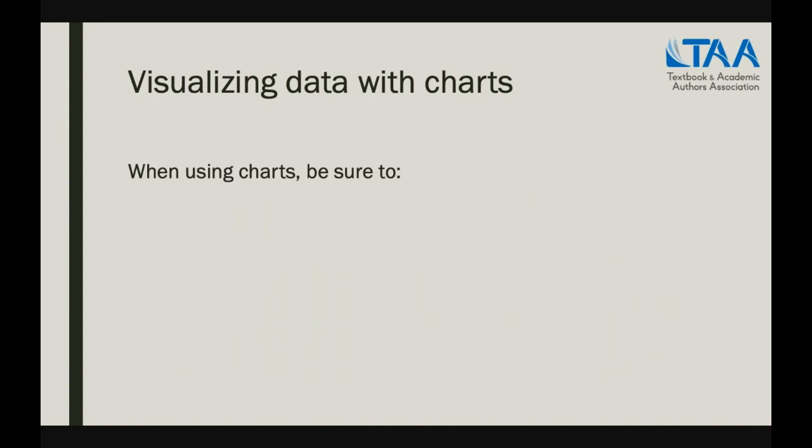So when we're using charts, we want to think about that accuracy. We want to make sure that the chart is showing the user what the data said and doing so in an accurate way. And there's an awful lot of misleading charts out there.